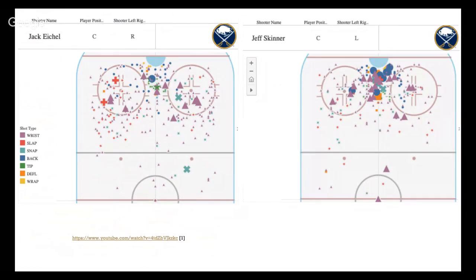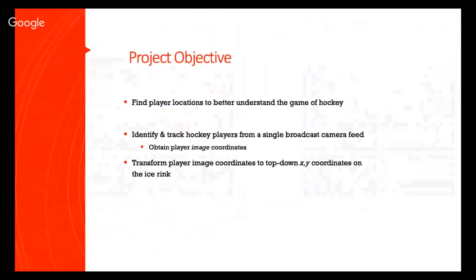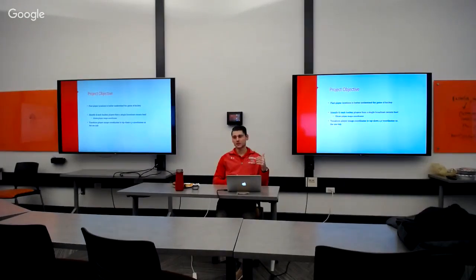All right. So now this gets us to our objective for the project, where we want to get player locations to better understand the game of hockey and combine these with the events that are already known. Especially with regards to goals, assists, plays like that, we have the shot maps, but how can we further understand the game?